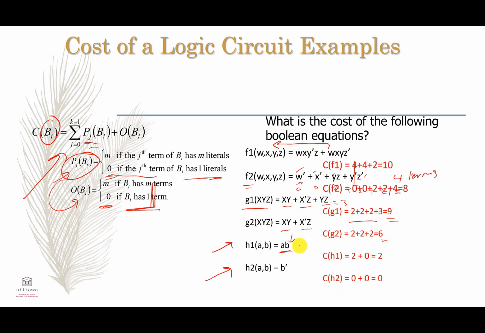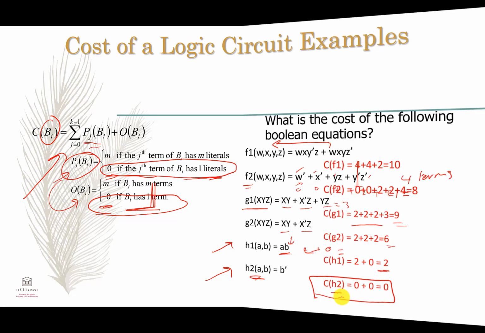Therefore, the cost will be 2 to implement the literals plus 0 will be equal to 2. See that? And for the last one, this function has 1 term which is 1 literal. Therefore, the cost to implement the literals per the term will be equal to 0, and the cost to implement the terms will be equal to 0 because of this rule. Therefore, the cost to implement function H2 will be equal to 0 because function H2 is simply a wire.